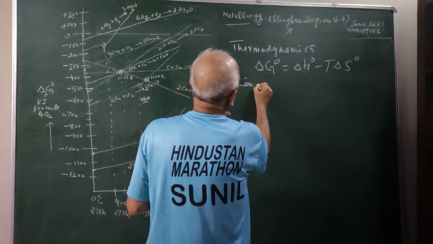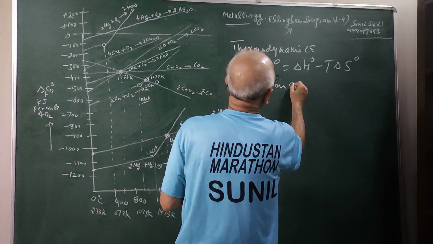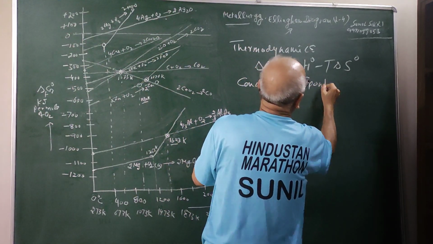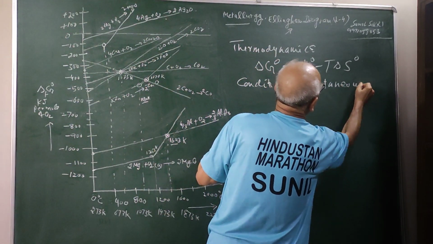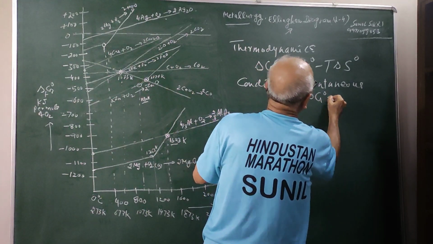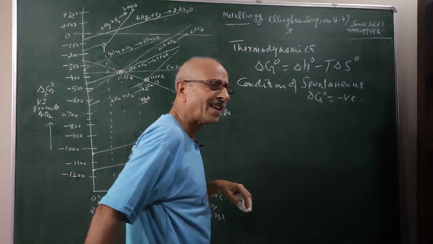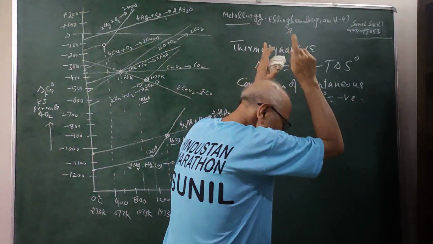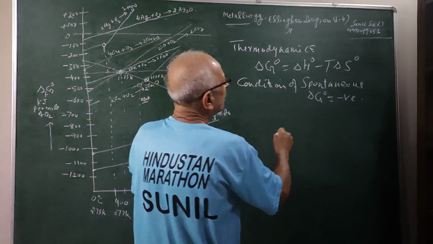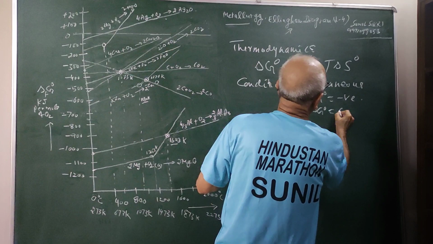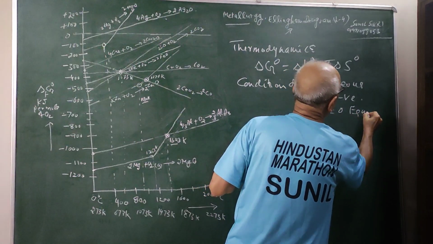And the condition of spontaneity is known to us. A reaction is spontaneous, students, when delta G0 is negative. For any reaction, when delta G0 becomes negative, the reaction is spontaneous. If delta G0 is 0, then we know it is equilibrium.